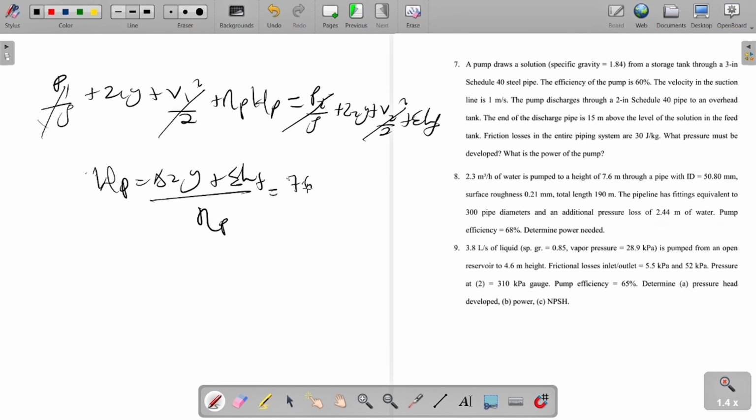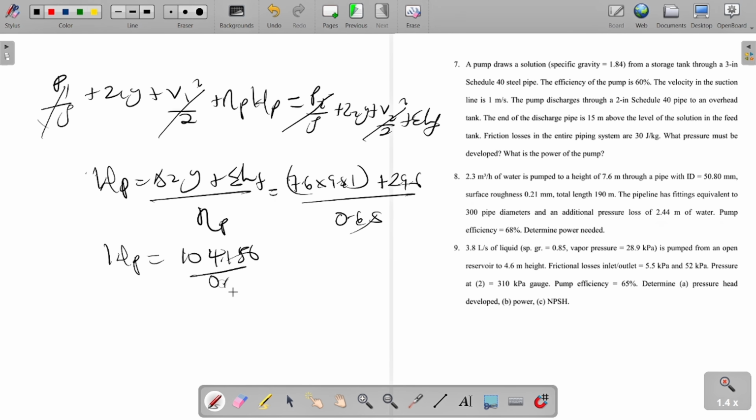So this one becomes 7.6 times 9.81, then plus 29.6 divided by 0.66, which was the efficiency. So WP becomes 104.156 divided by 0.68, which is 153.2 joule per kilogram.